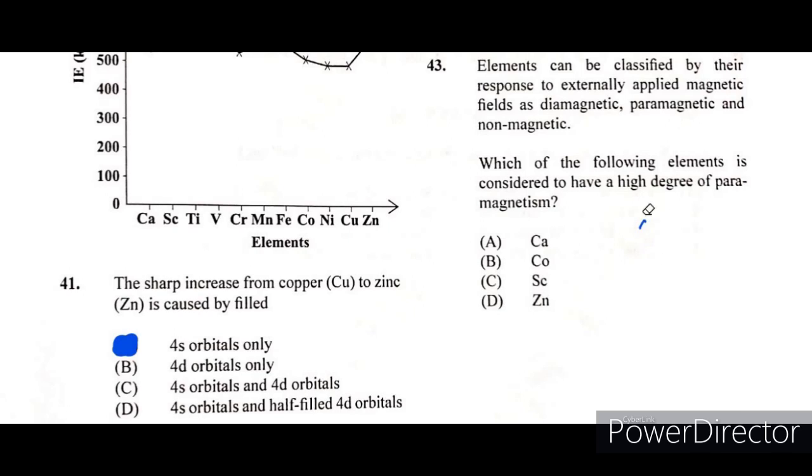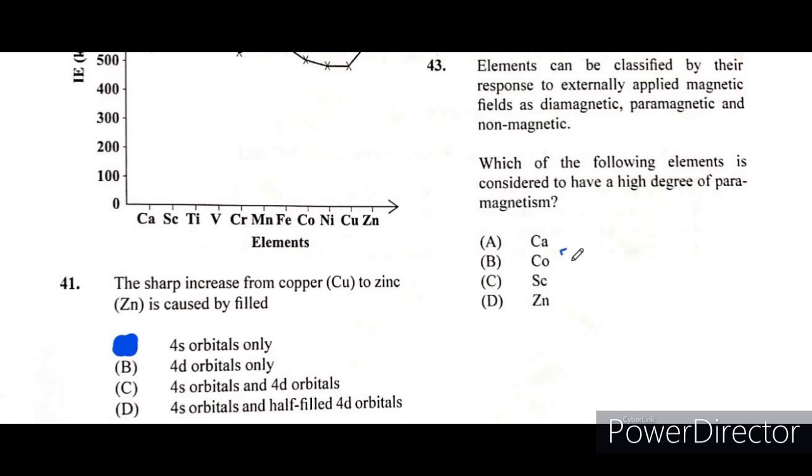Argon would be 18, 4s2, which gives you 20, and we need 7. So 1, 2, 3, 4, 5, 6, 7, and we have 3 unpaired electrons. And now scandium is 21.